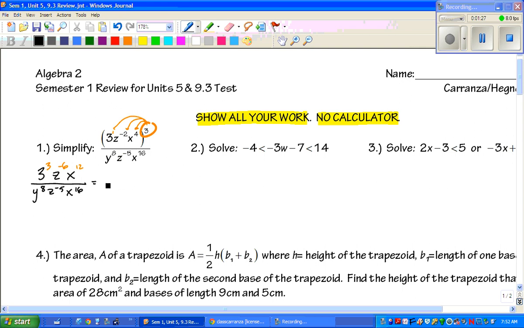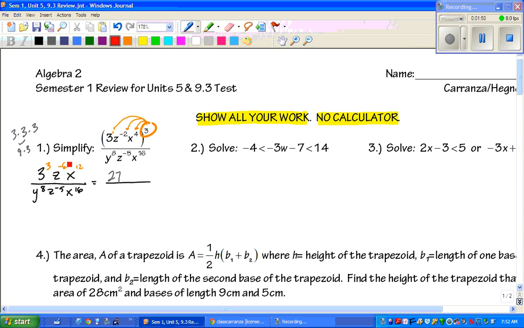Now, a couple things we're going to do. First, 3 to the 3rd power is 3 times 3 times 3. 3 times 3 is 9, and 9 times 3 is 27.